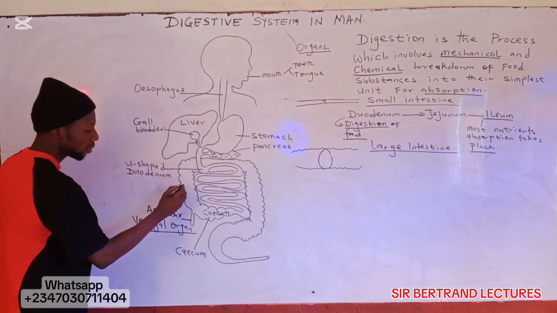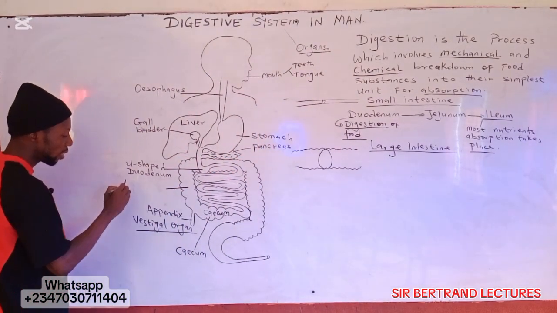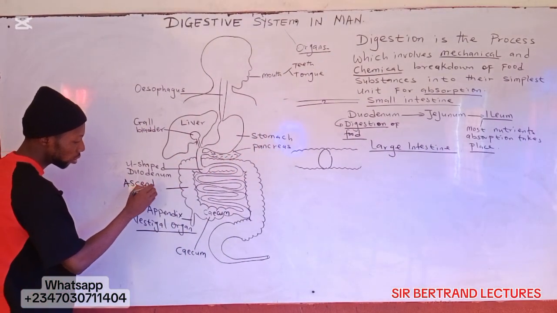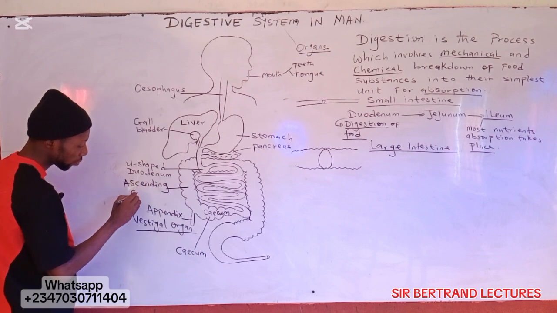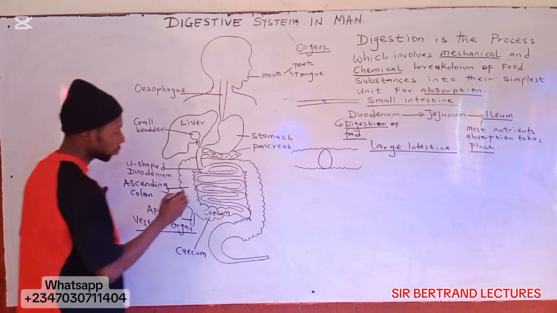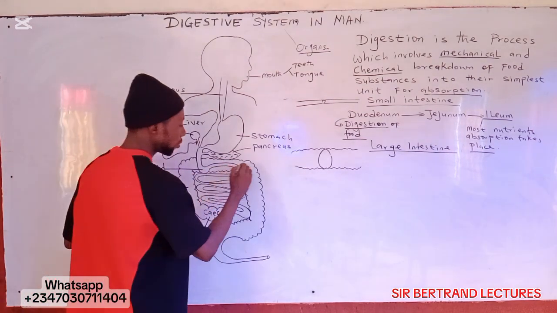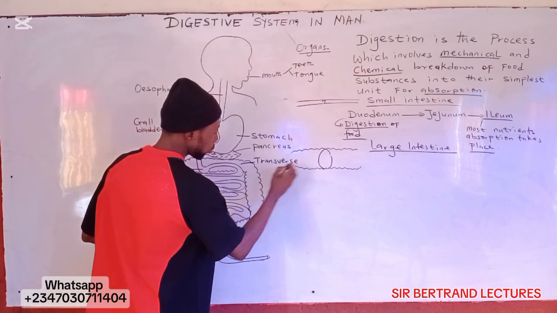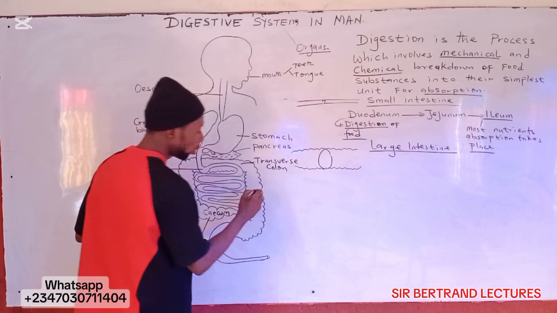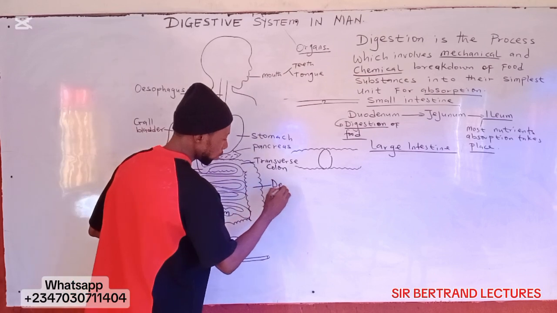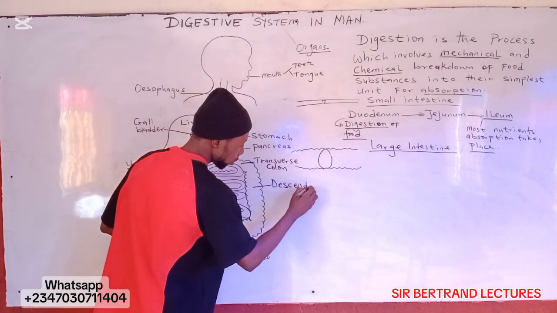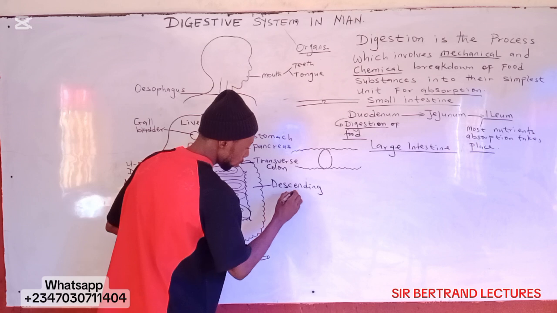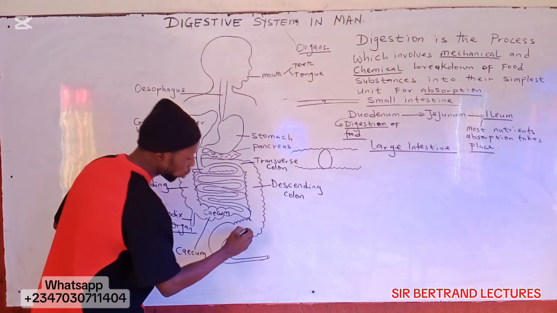Then here is the ascending colon. Here is the transverse colon. Descending colon.